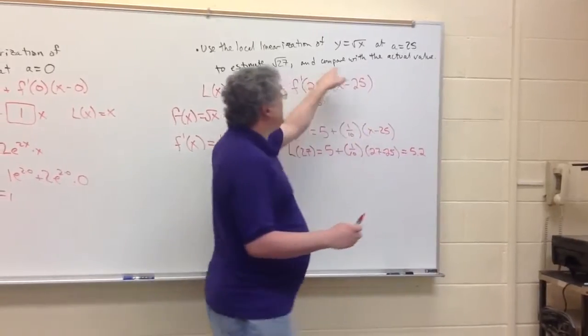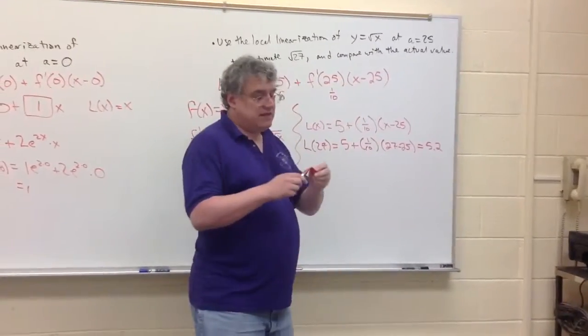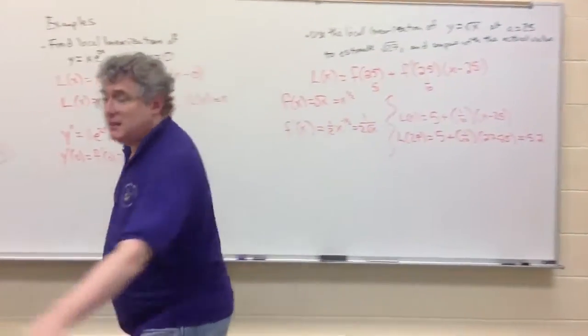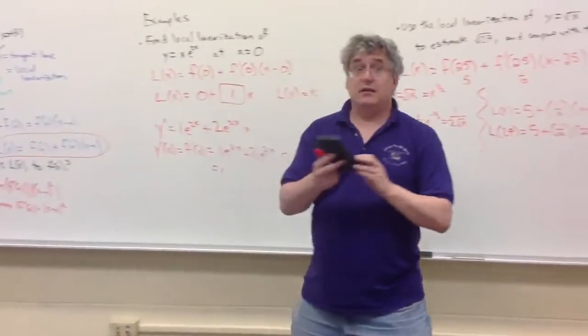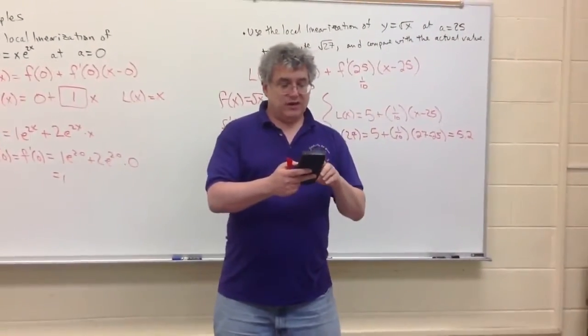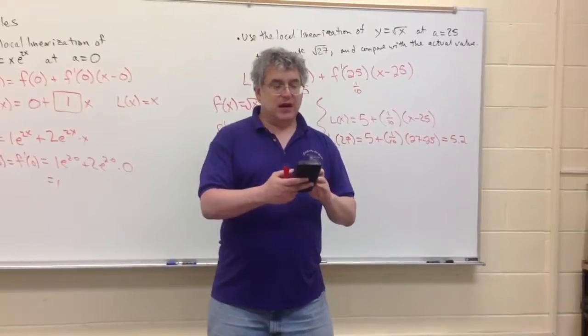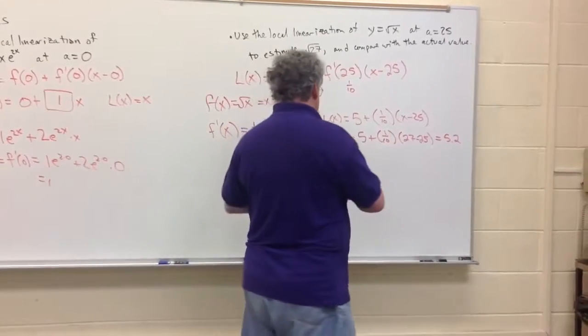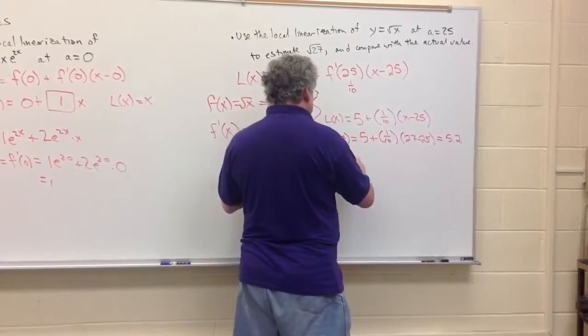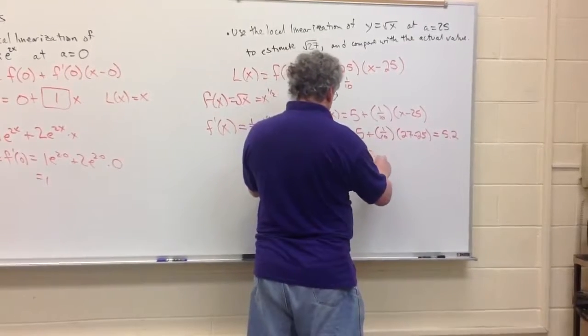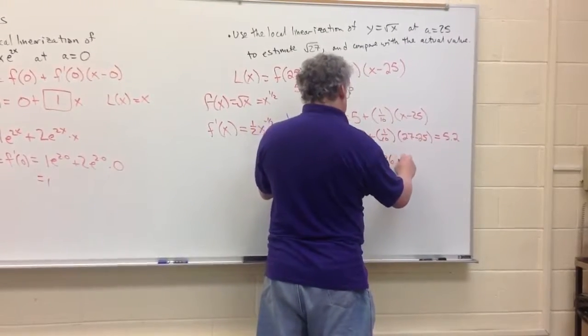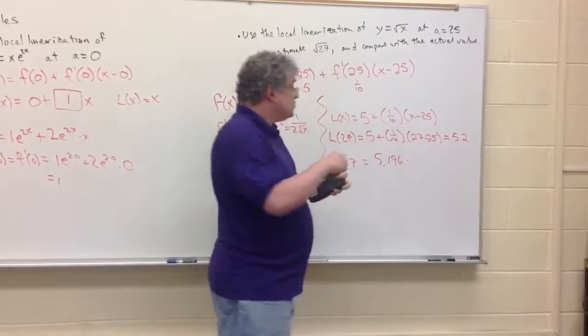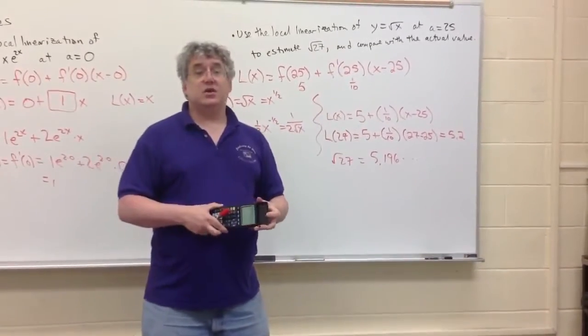I'm supposed to now compare that with the actual value. And the actual value, your calculator has a slightly better formula than a linearization. So what is the square root of 27? Square root of 27 is 5.196, and there's more digits. Notice it's really close.